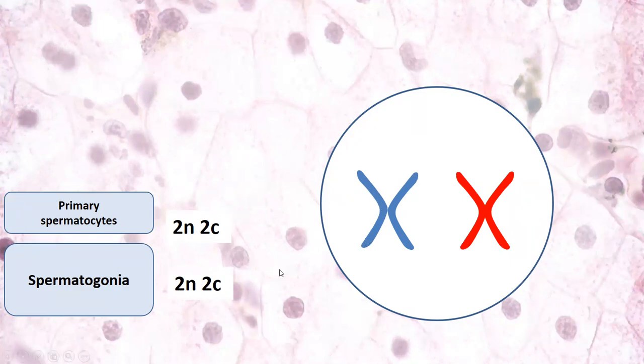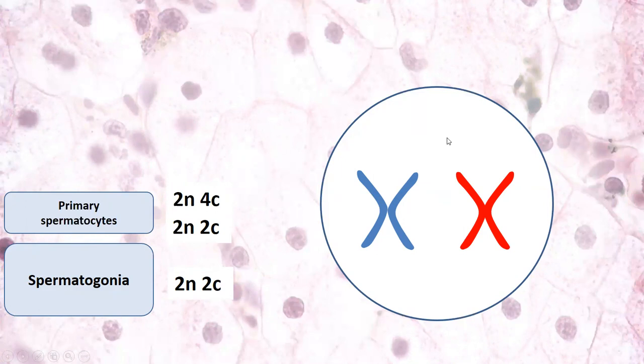From 2C the karyotype becomes 4C. 1, 2, 3, and 4 chromatids in the pair are present, and that's why the karyotype is 2N, 2 chromosomes, but 4C, 4 chromatids. It's the karyotype of primary spermatocytes.